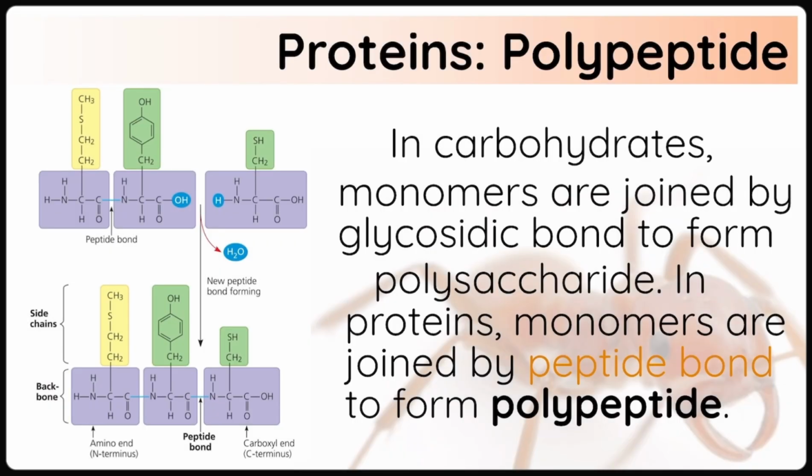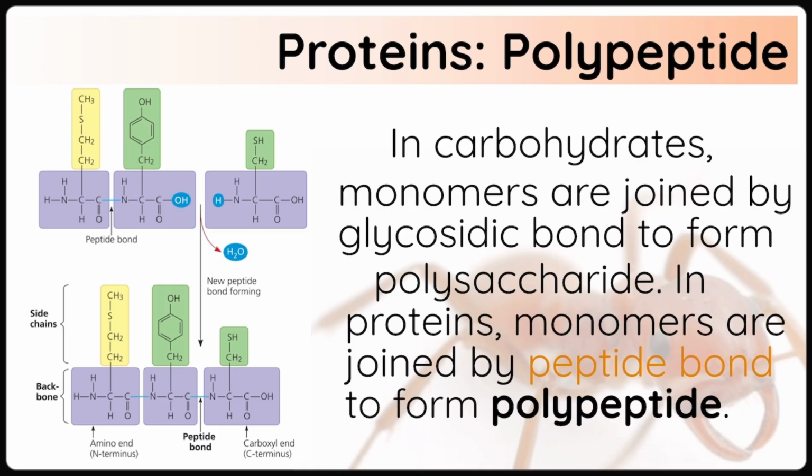Okay. Now, glycosidic bonds in carbohydrates are formed when 2 monosaccharides join together through a dehydration reaction. Okay? Take note that we call it glycosidic bond. Okay? It links sugar molecules to build disaccharides or polysaccharides. What about in proteins?